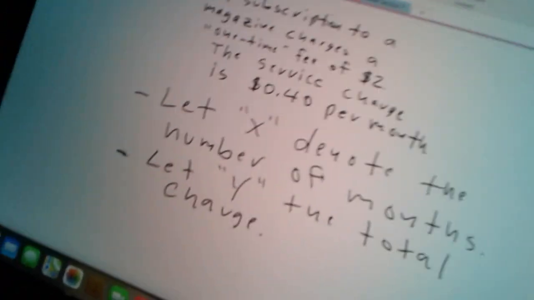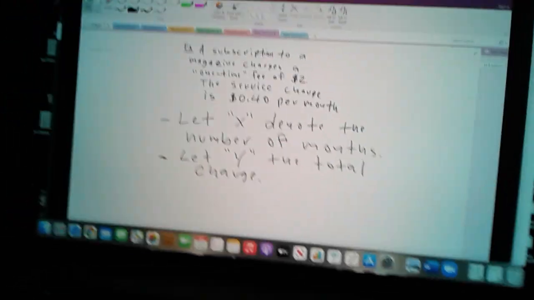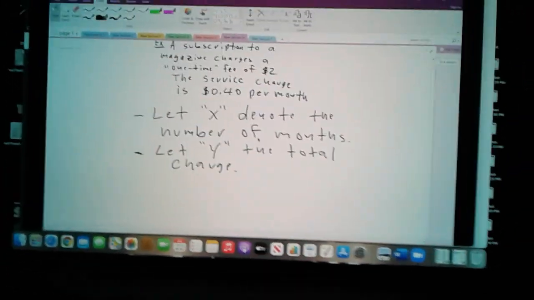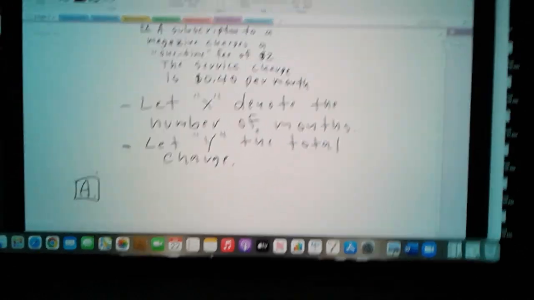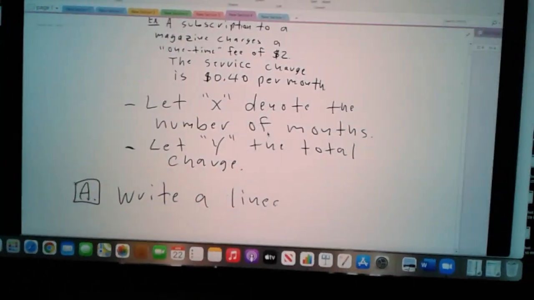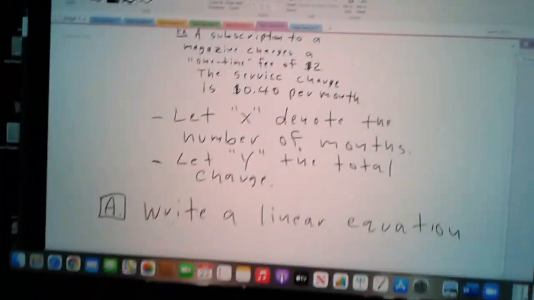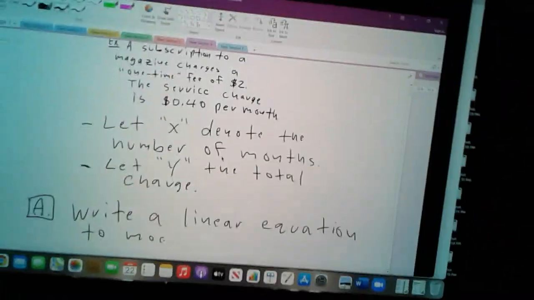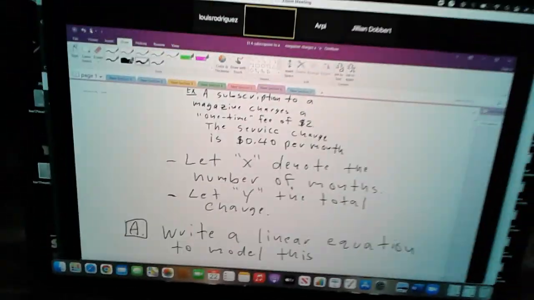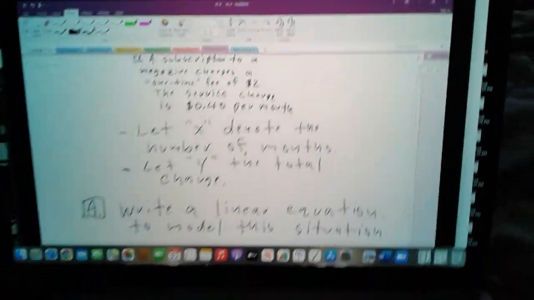So again, we want to write a linear equation that models the situation, basically, is the whole idea.